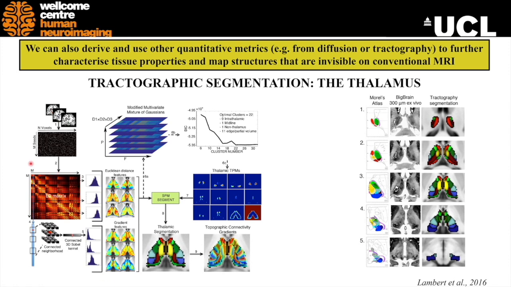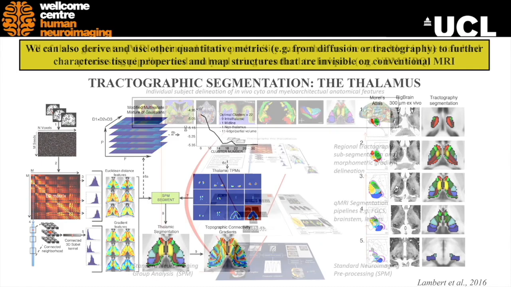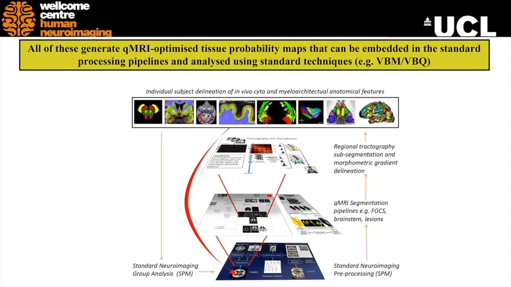In this example, we characterized the distributions of similarity in tractography profiles to create feature maps, and then embedded them in the same framework to develop tissue probability maps based off these images, and to segment the thalamus into discrete nuclei that had good correspondence to the ex vivo atlas. Importantly, all of these methods have been developed for 3T MRI. They can all be embedded in the standard processing pipelines and be analyzed using standard techniques such as voxel-based morphometry and voxel-based quantification.